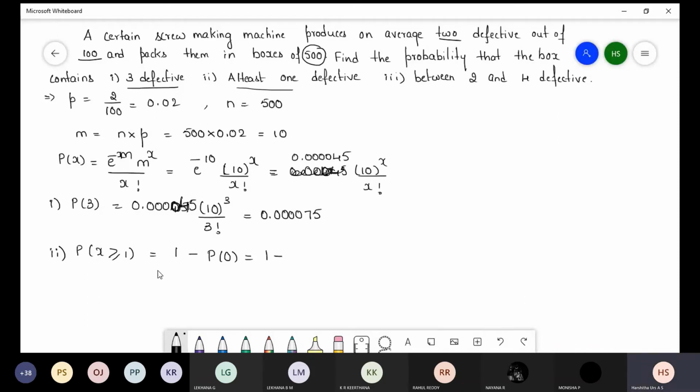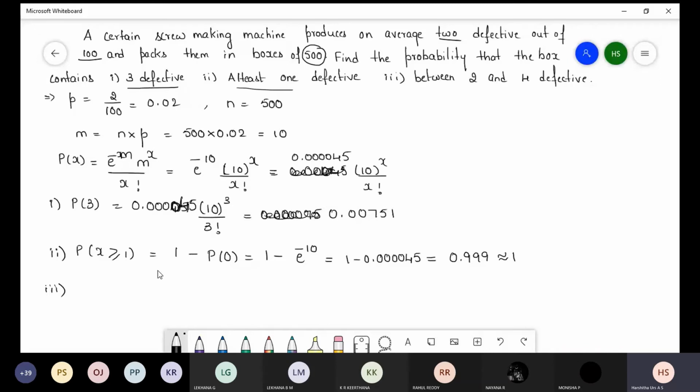Here P of 0 means e power minus 10, so 1 minus 0.0000045, which is 0.999. By approximation we can write 1.